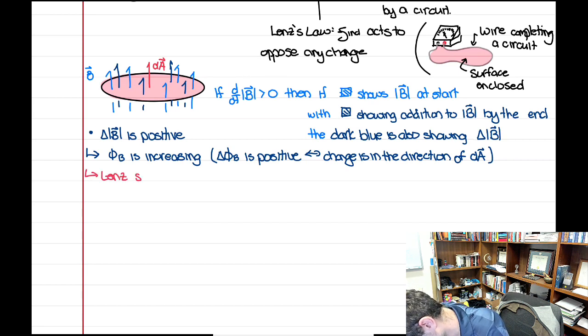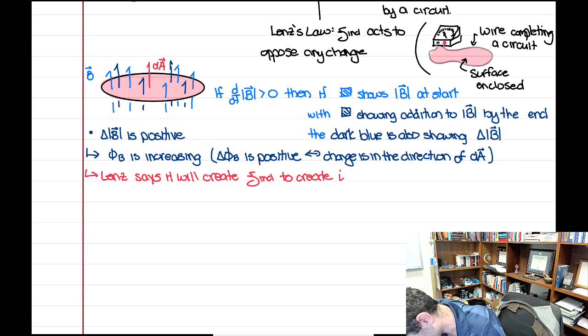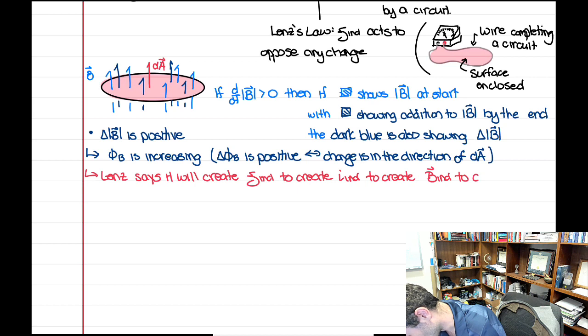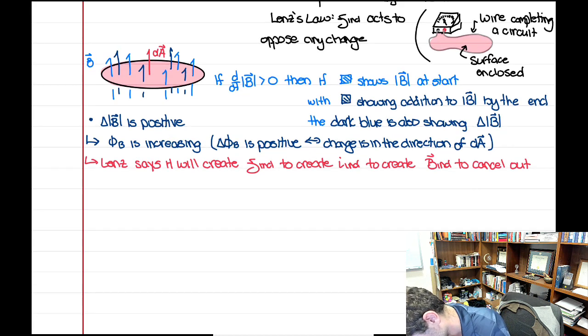So Lenz says that it will create an induced EMF to create an induced current to create an induced magnetic field that loops around that current to attempt to cancel out not the flux entirely, but the change in flux.